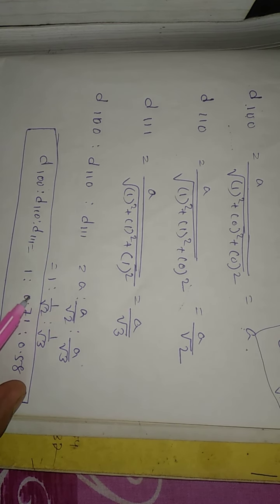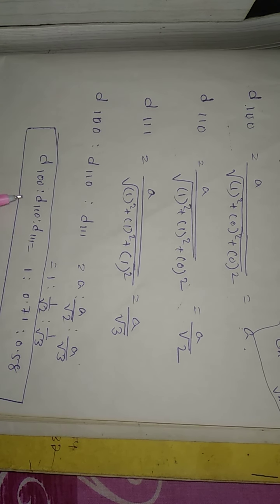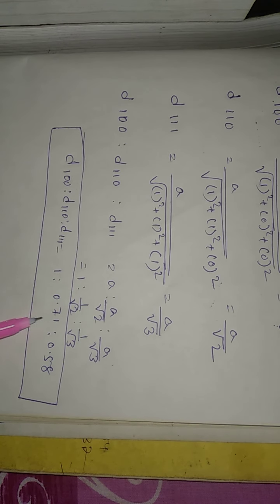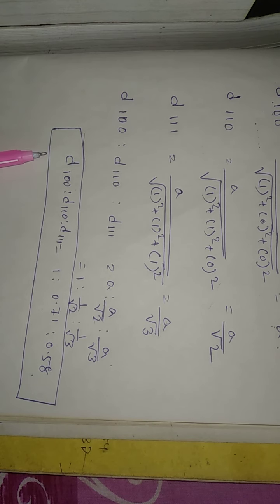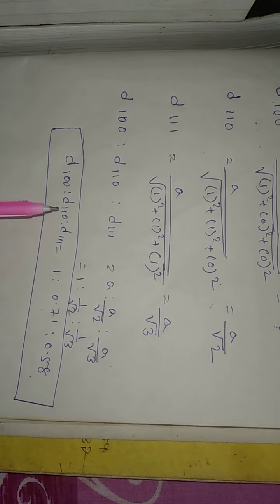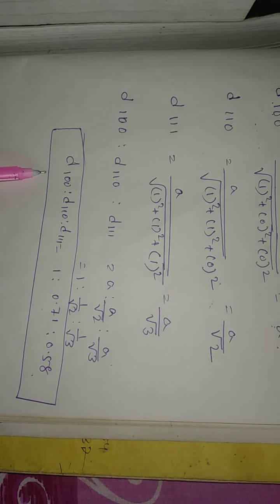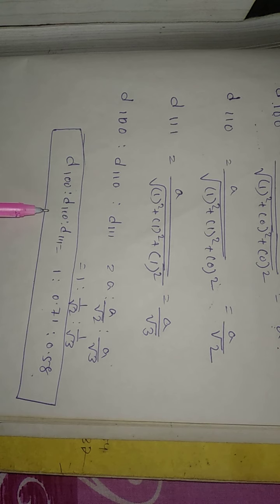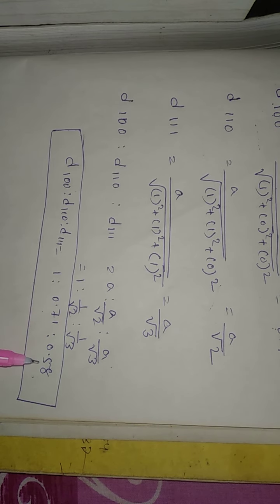After that, 1 is to 1 by root 2 is to 1 by root 3. So 1 by root 2 is equal to 0.71 and 1 by root 3 is equal to 0.58. So the ratio of the interplanar distance for d100, d110 and d111 is 1 to 0.71 to 0.58.